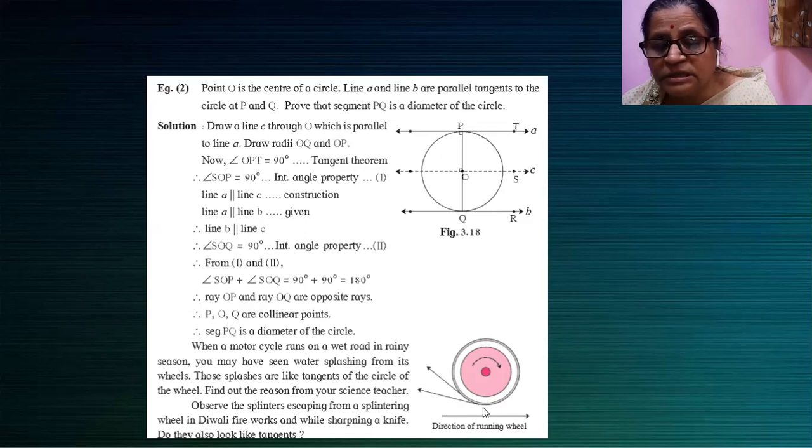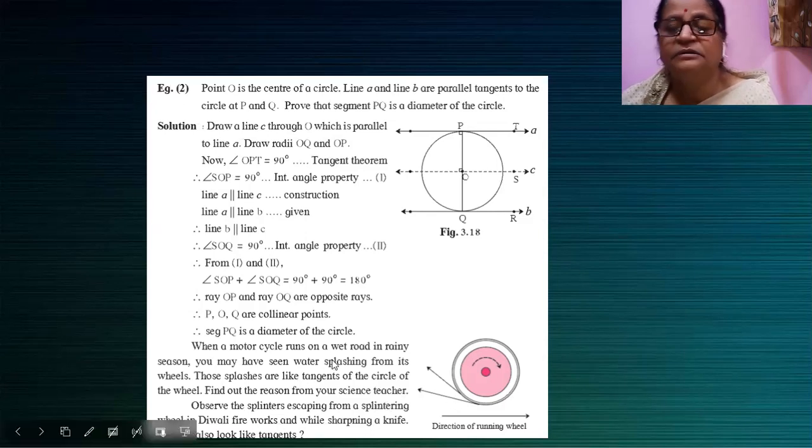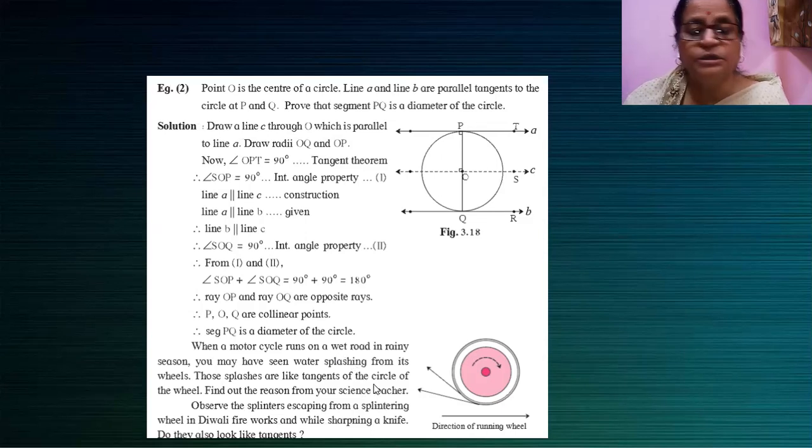So when a drop is there, it will run away like this, and this makes a tangent. Take more information from your science teacher. Even you can observe it yourself and see how the tangent works.